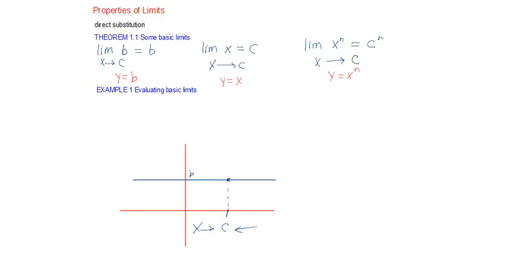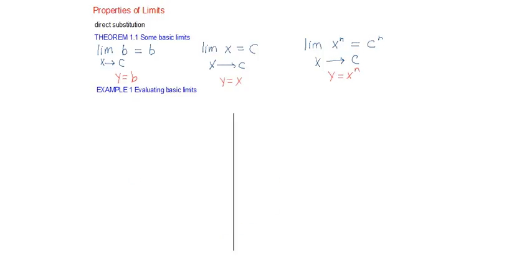This one, y is just copying x. So if y is just copying x, then you just plug in c. It's c. Same thing. Let's say you have your x and y axis, and y is going to be equal to x. That means when x equals 0, y equals 0. When x equals 1, y is also equal to 1.